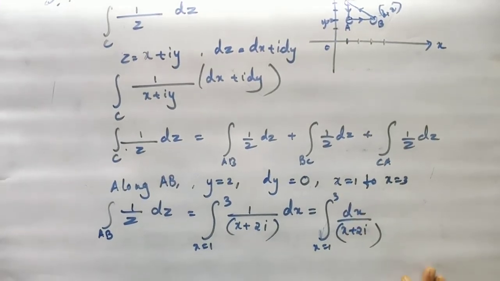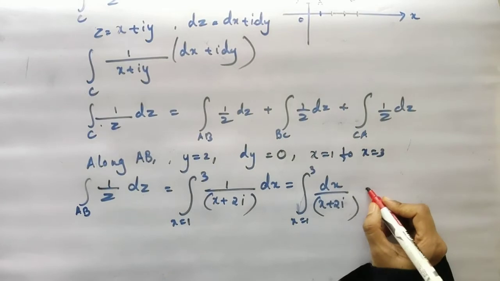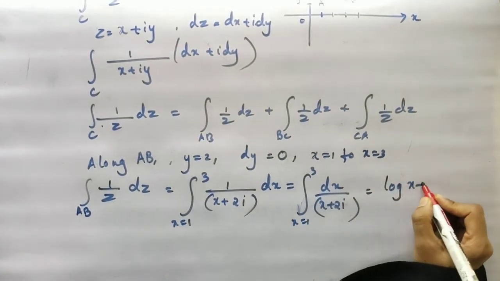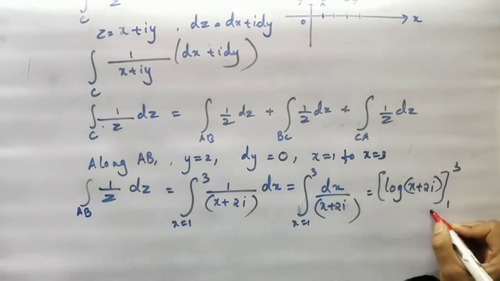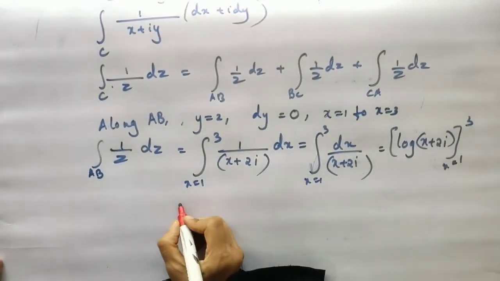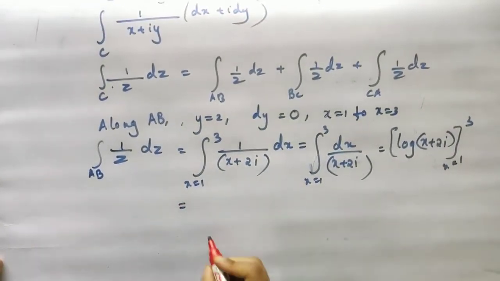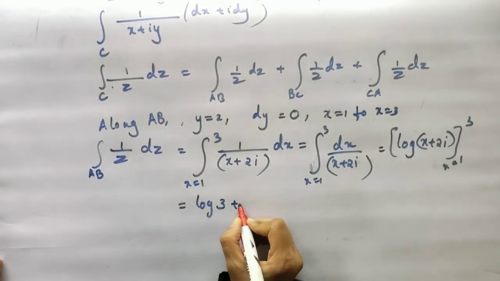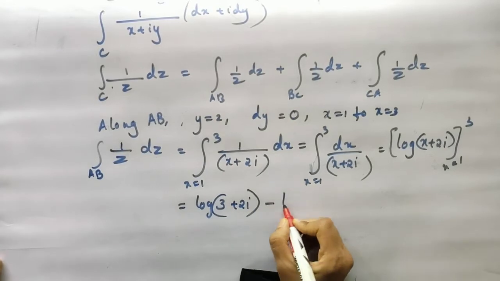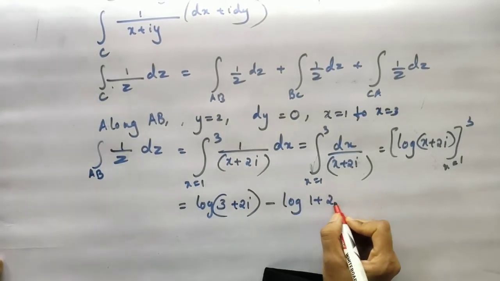The integral of 1 over x plus a is log of x plus 2i, with limits from 1 to 3. It will be equal to log of 3 plus 2i minus log of 1 plus 2i.